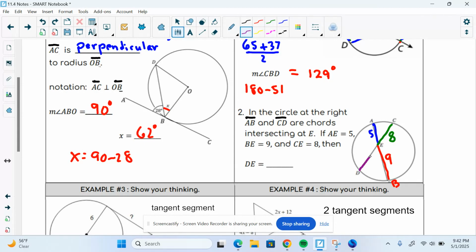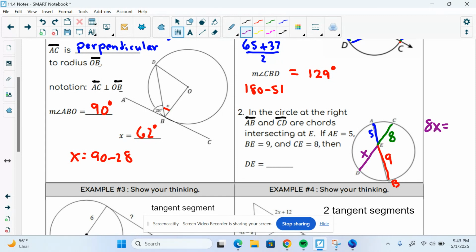Well, look, this is the theorem that says if I multiply, I'll call that one X. If I multiply the pieces of one chord, so 8 times X, the product of those pieces should equal the product of the pieces on the other chord.